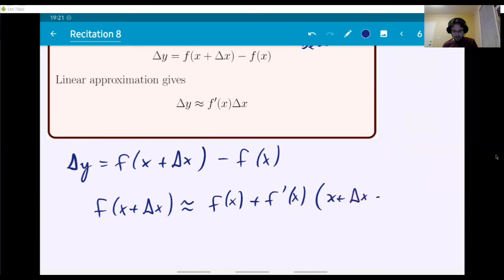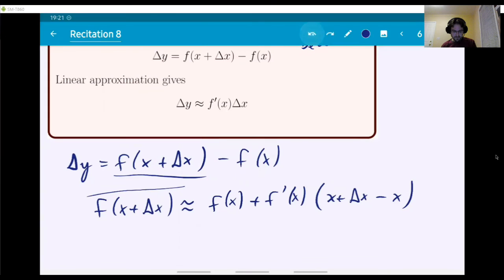So it looks like this. Instead of having a here, I have x. And now this x plus delta x is the number where we are trying to find the value of the function. So plug this in and then subtract the f of x.